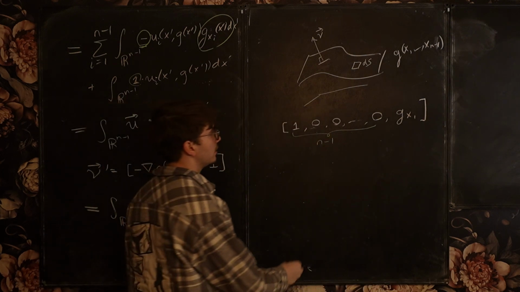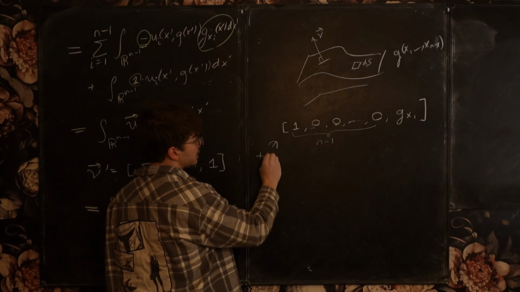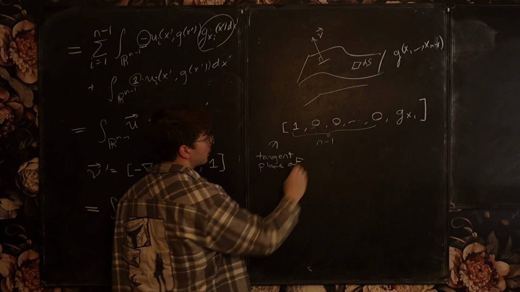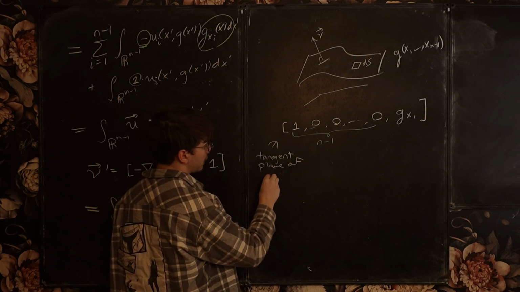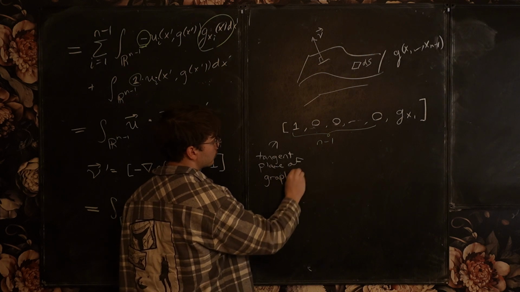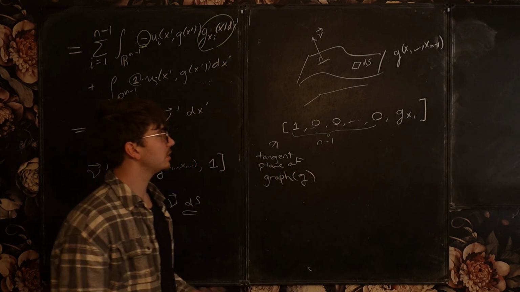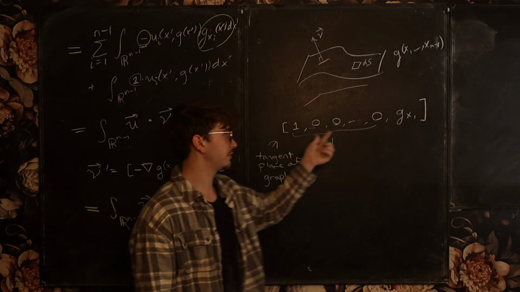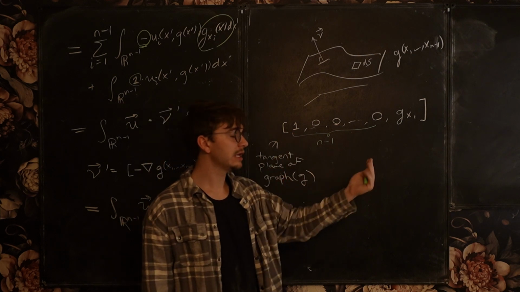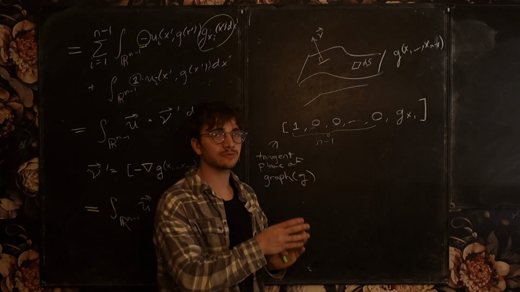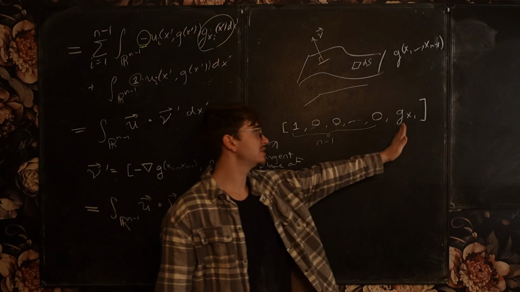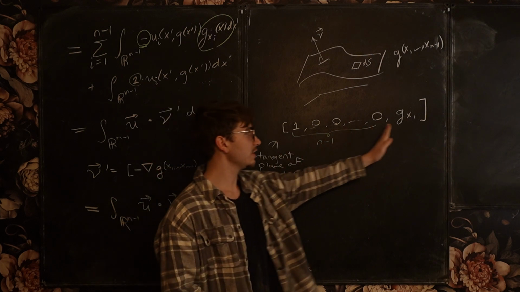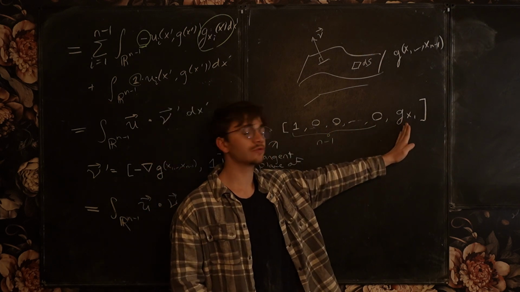So this vector belongs to the tangent plane of this graph of g. Why does it belong to the tangent plane of the graph of g? Well, it's actually the definition of the tangent plane. If I move over 1, I basically want to attach a line in the x1 direction whose slope is precisely the partial derivative of g with respect to x1. And so this vector is exactly the direction of that line.